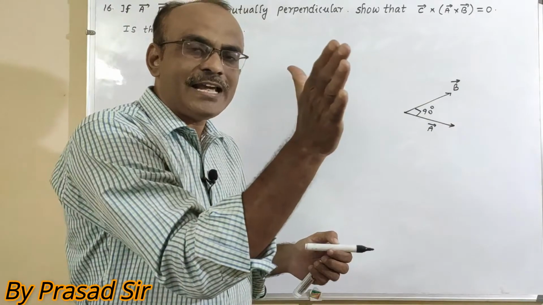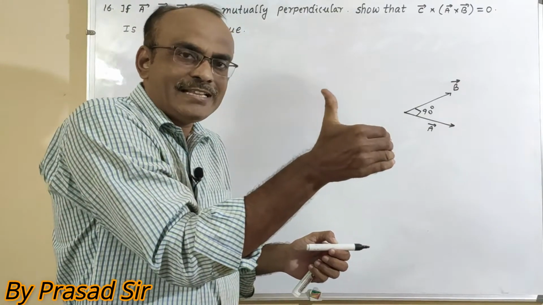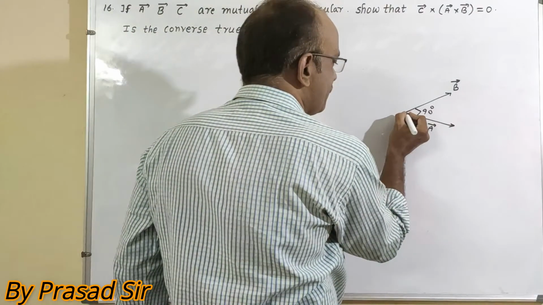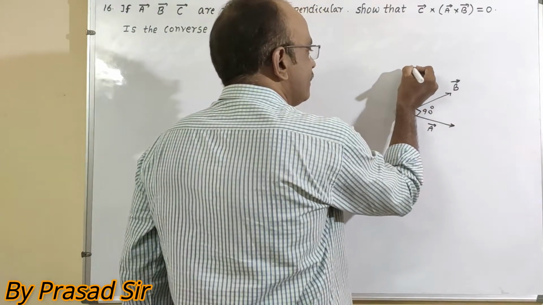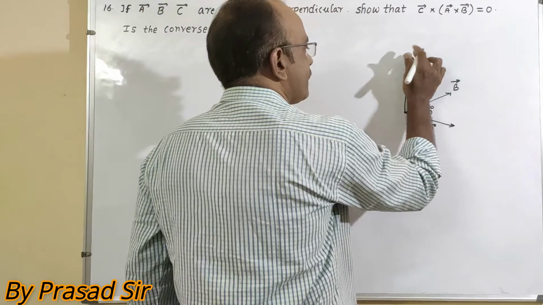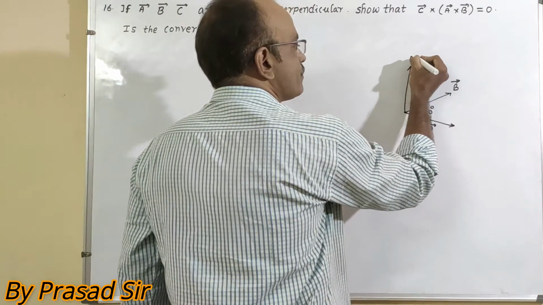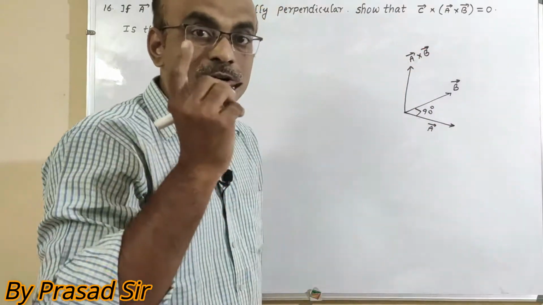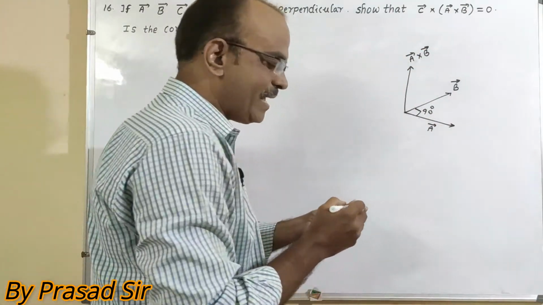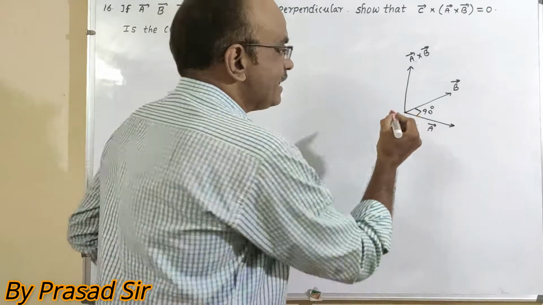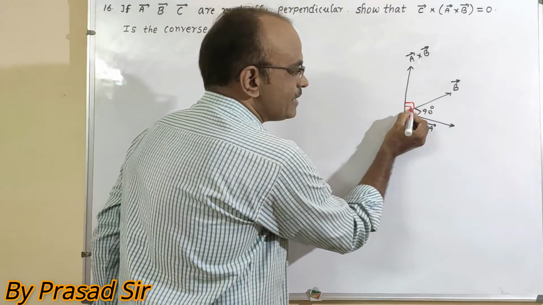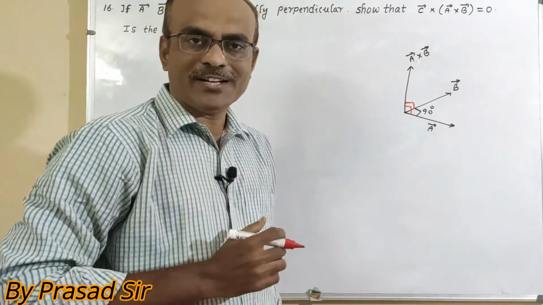So by using the right hand rule, curl rotating like this, the thumb indicates the direction of A cross B. So that's why from here to there, A cross B. So now remember, A cross B is perpendicular to B vector and A cross B is perpendicular to A vector.